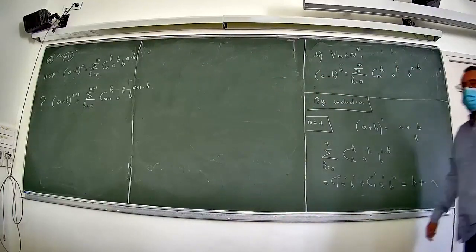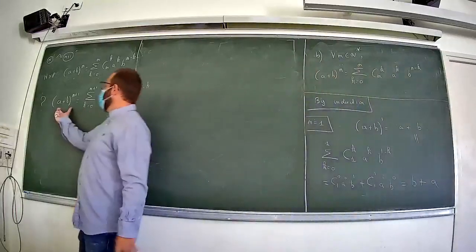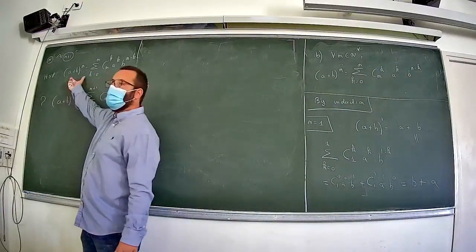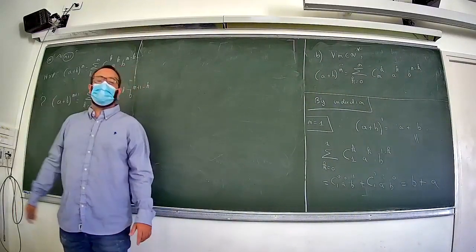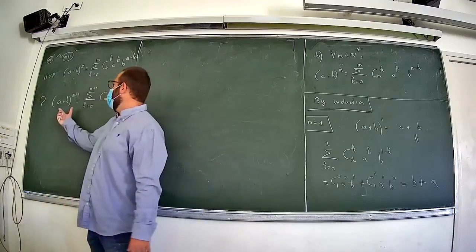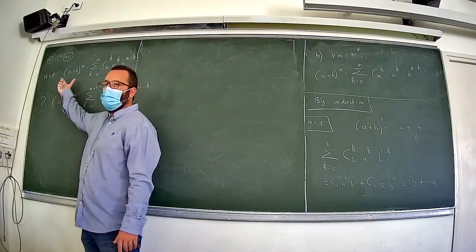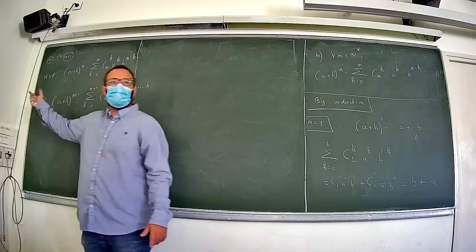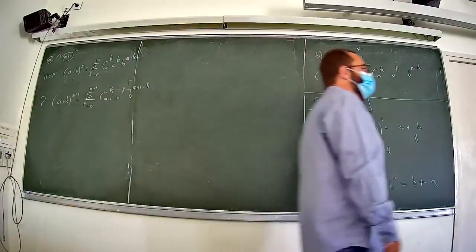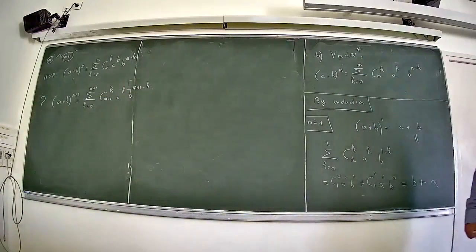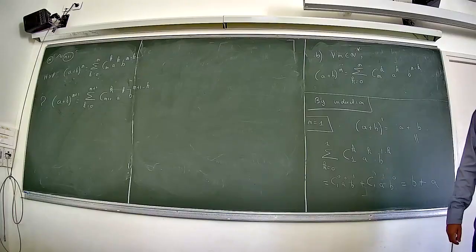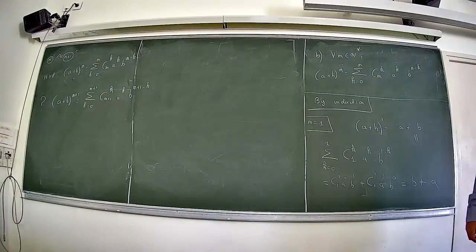So you have this one that you want to compute, and this one that you know. When you do an induction, you have to make the link between what you want and what you know. What is, in this particular case, the link between (a plus b) to the power n plus 1 and (a plus b) to the power n?